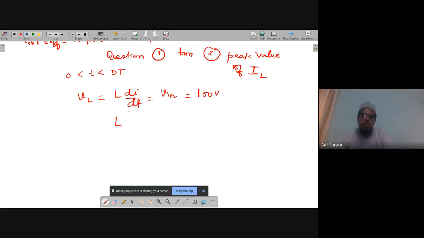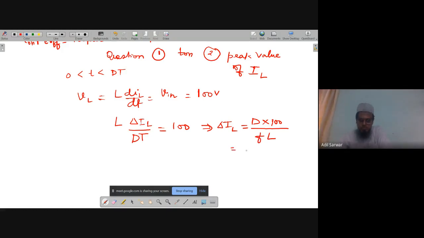The instantaneous rate of change of inductor current will also be equal to the average rate of change of inductor current. So from here I can find delta IL. Delta IL will be equal to D times 100 divided by frequency times L.